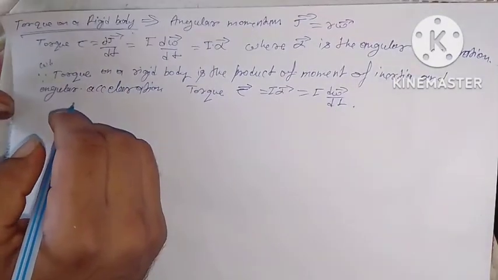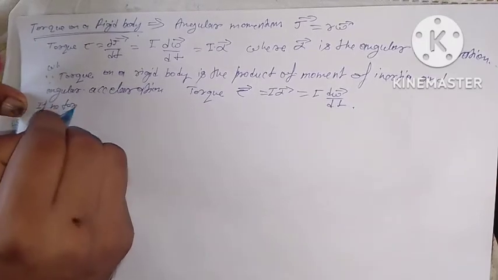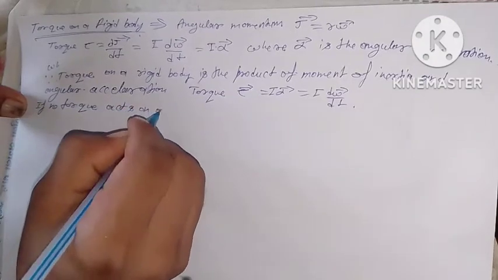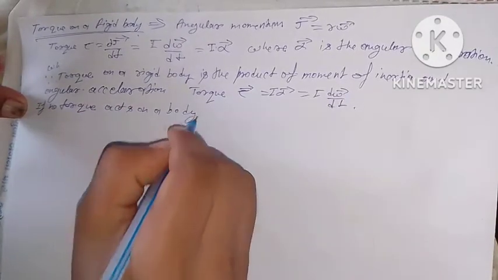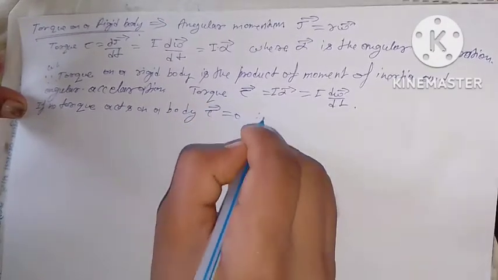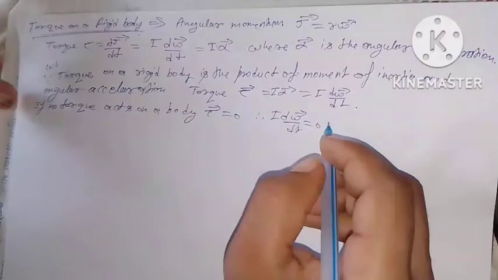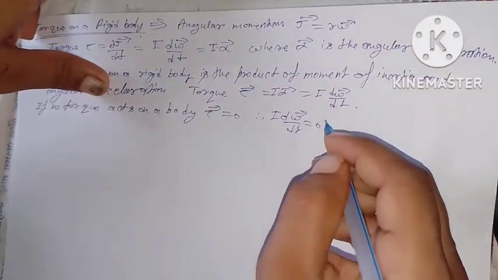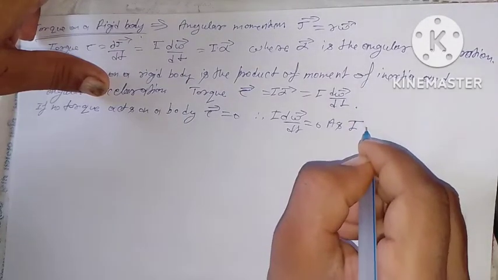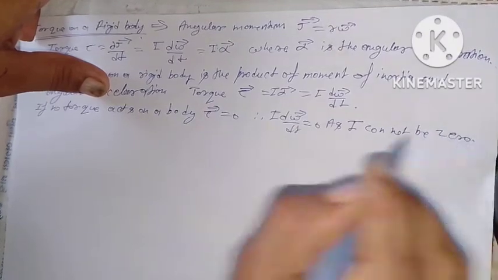If no torque acts on a body, then vector tau equal to 0. But I d omega vector upon dt equal to 0, as I is constant and cannot be 0.